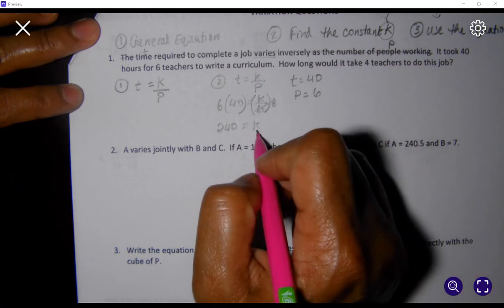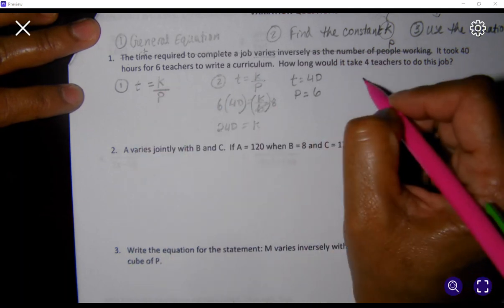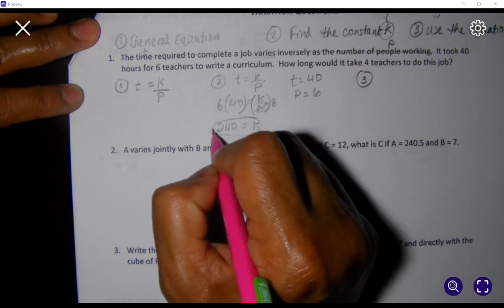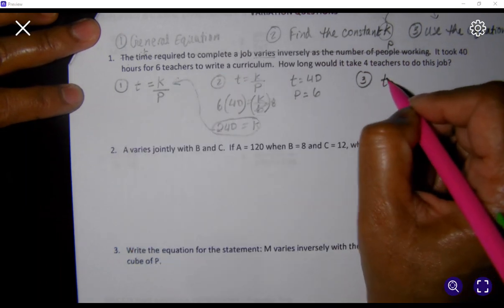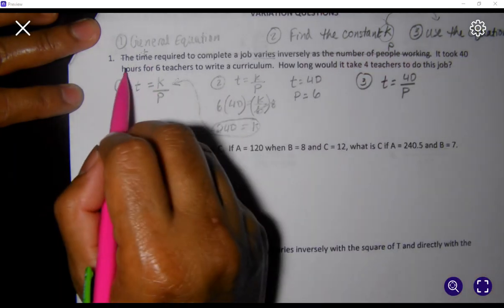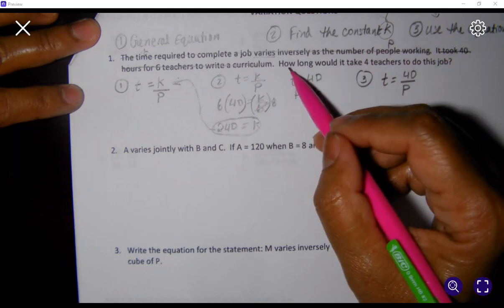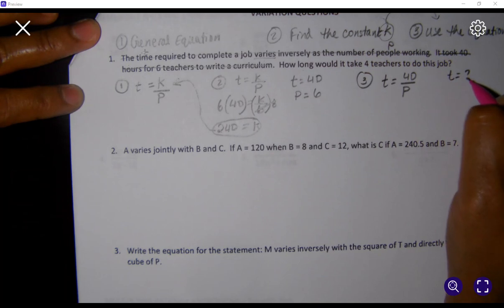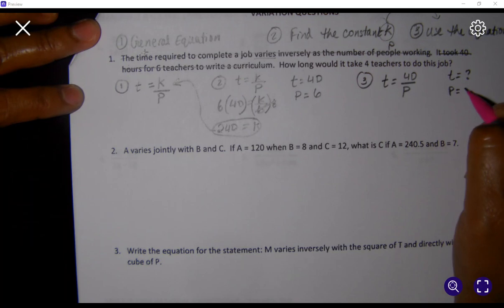And then the moment you find what K is, you plug it back in and use the equation. So here's the third step. When you find K right here, you plug it back into this equation. So you have T equals 40 over P. We finished this part. The last part says, how long would it take 4 teachers? So we're looking for the time here. Now P turns to 4.